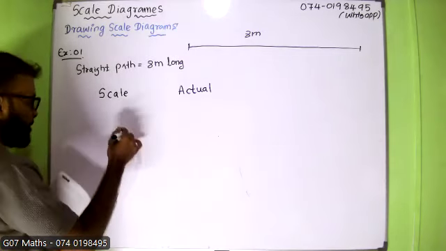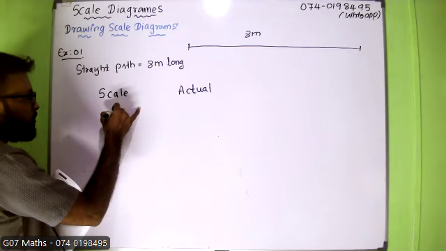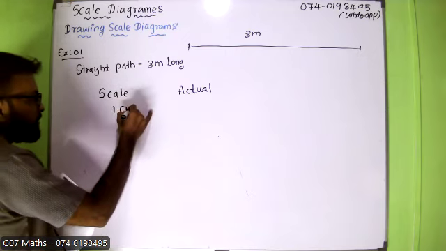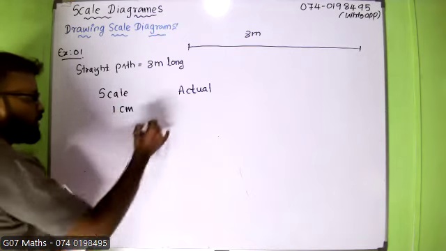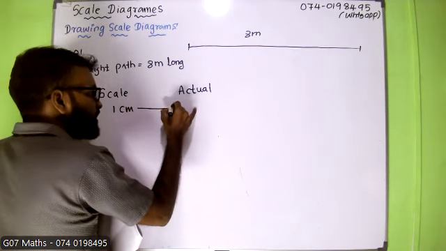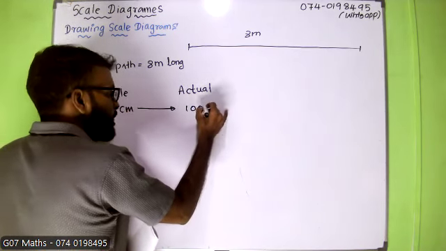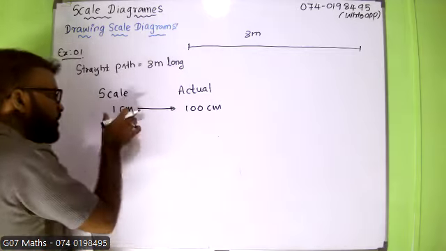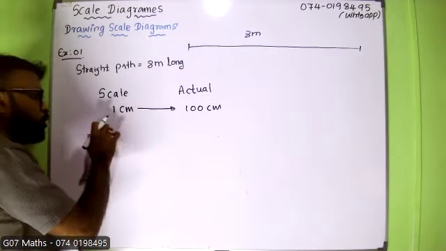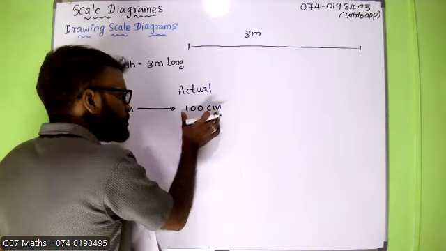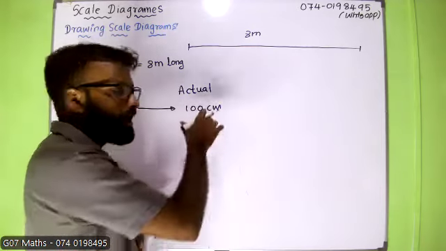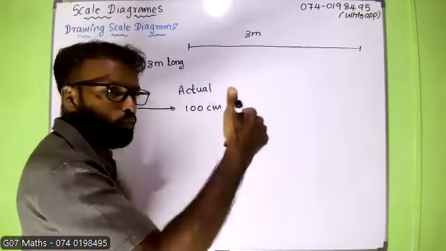First of all, you are going to use 1 centimeter in your book to represent an actual length of 100 centimeters. 100 centimeters means 1 meter.